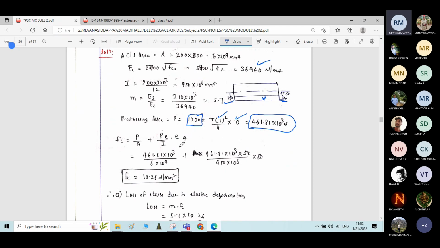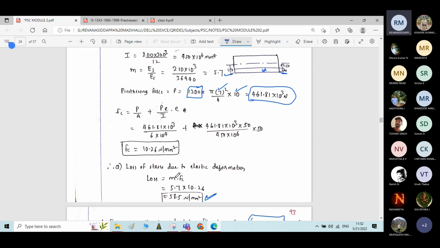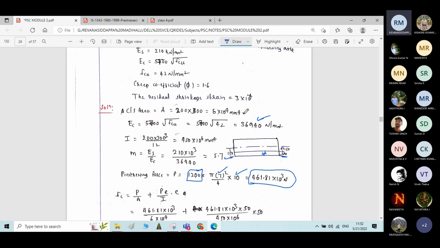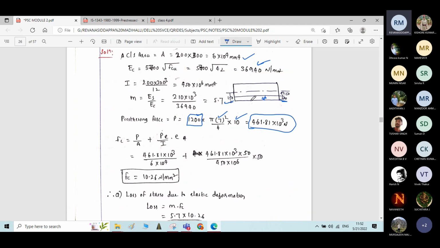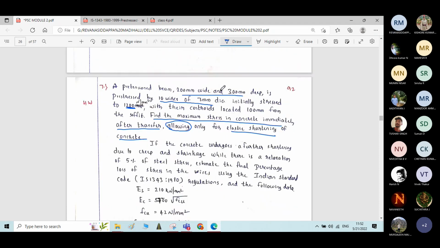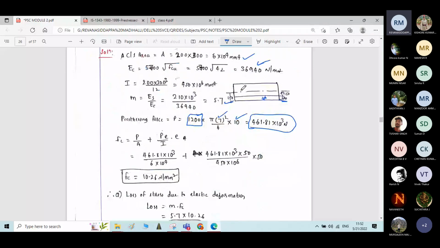So next, to calculate loss due to elastic deformation, m into fc. I have calculated fc. Initial pre-stressing force is 461.81 into 10 power 3 Newton. Area of cross section and moment of inertia are also calculated, and eccentricity is constant throughout the length. The sectional dimension is 200 mm wide, 300 mm deep.